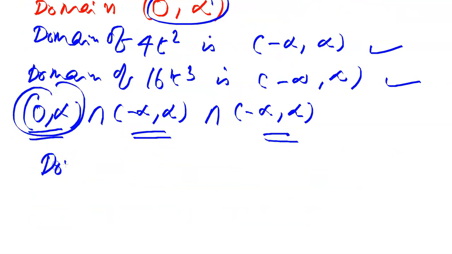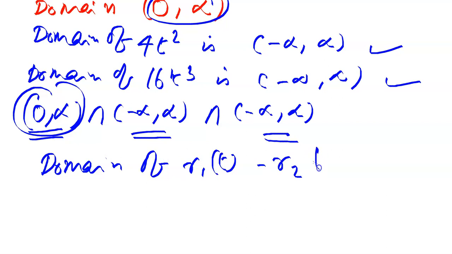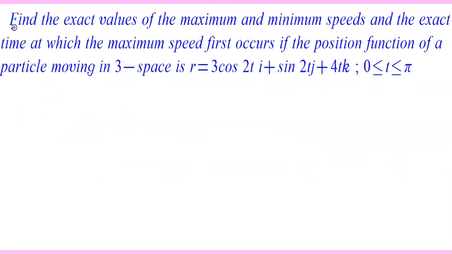The domain of r1 of t minus r2 of t is 0 to infinity.